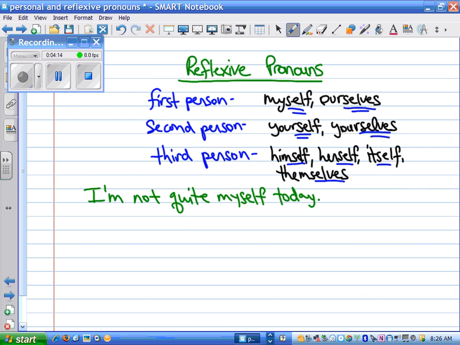Reflexive pronouns. Let's take a look at our example sentence. I'm not quite myself today. Okay? That reflexive pronoun should just jump out at you because you see that self, right? That is our reflexive pronoun, myself.